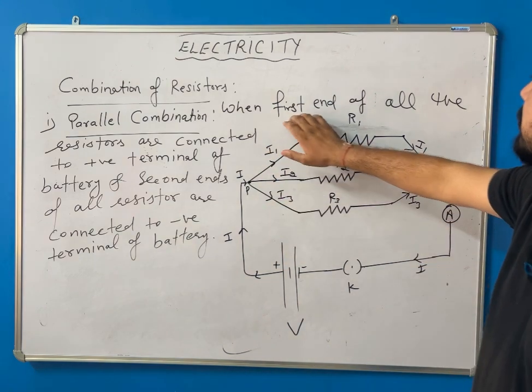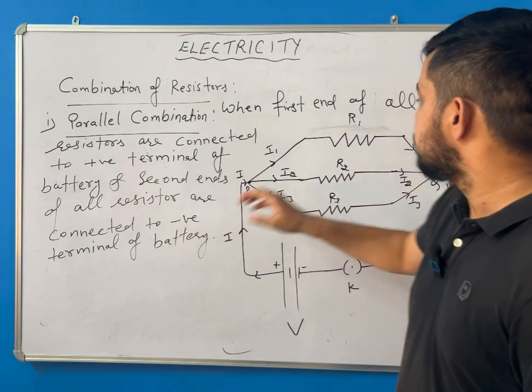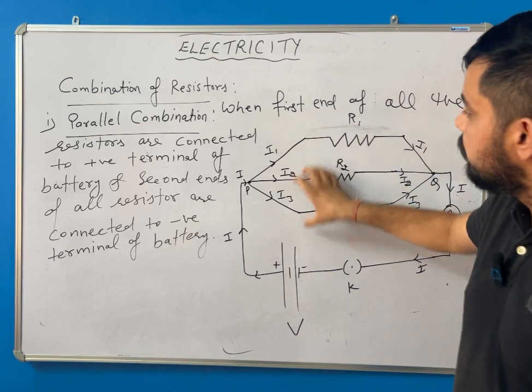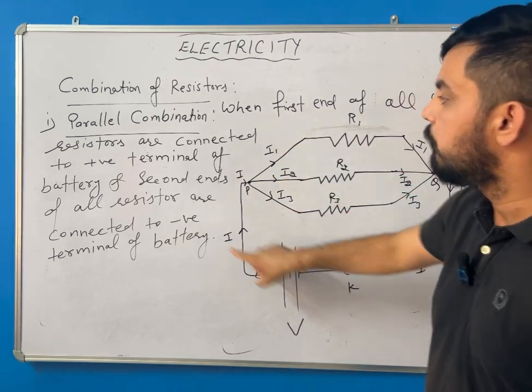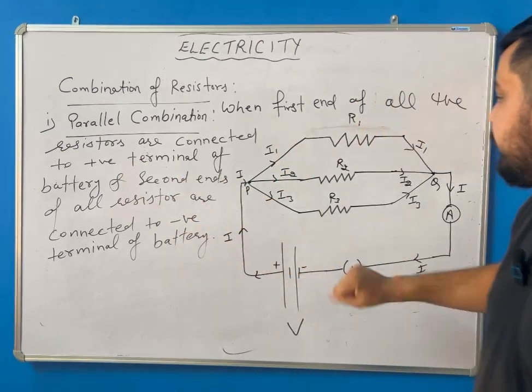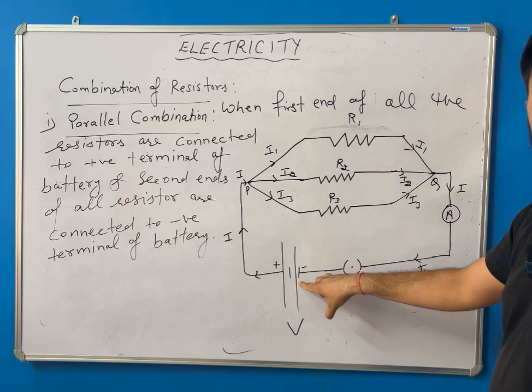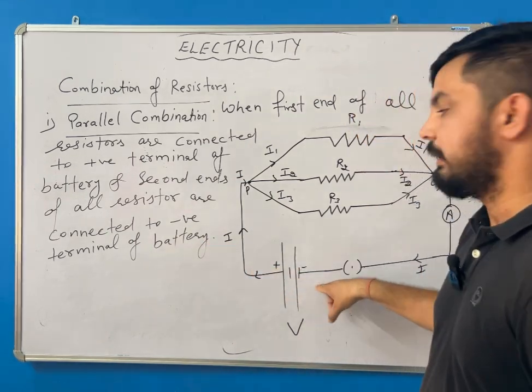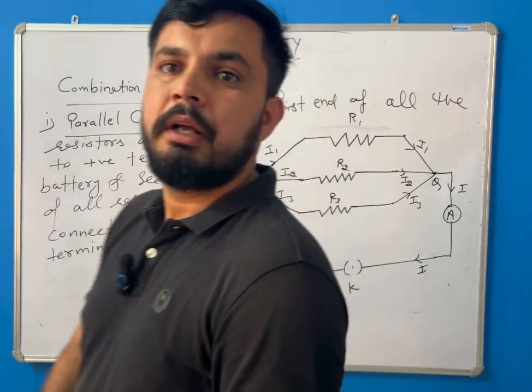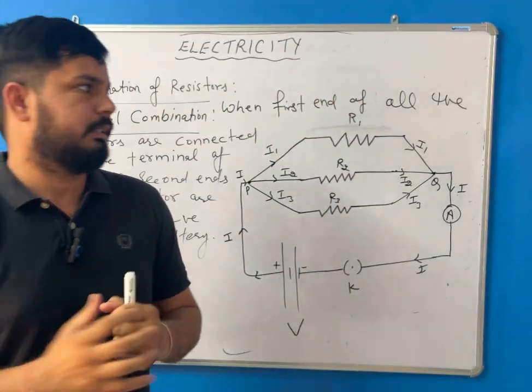Okay, when the first end of all the resistors are connected to the positive terminal of the battery, and the second end of all the resistors are connected to the negative terminal of the battery, this type of combination is called a parallel combination of resistors.